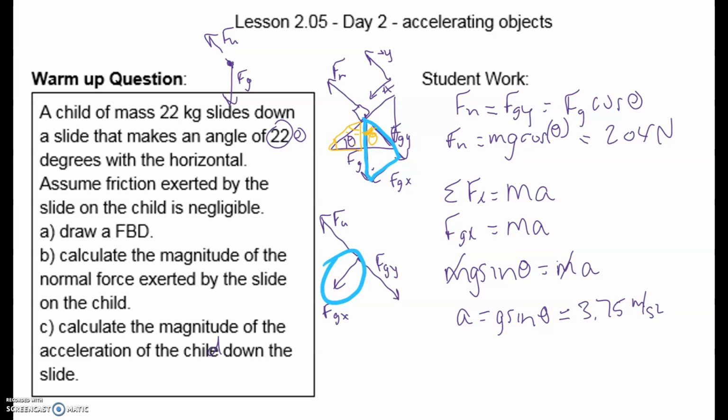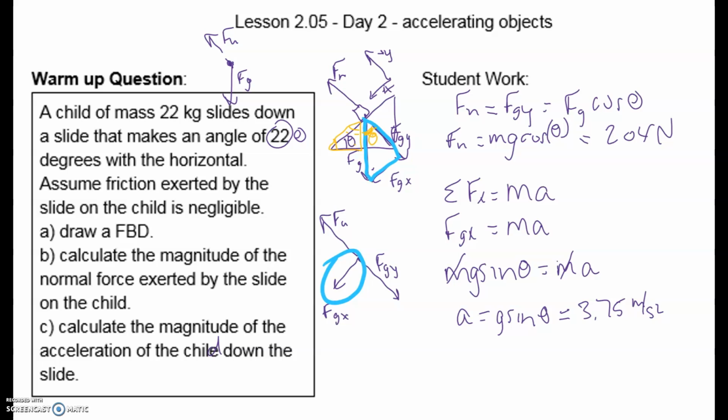Anyway, dealing with objects on ramps is very typical for a physics problem. The key to solving these problems is tilting your coordinate system so that the direction of acceleration is entirely in one of your directions, x or y. Here it was convenient to tilt our coordinate system to be laying on the ramp.